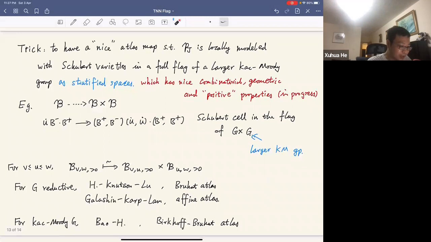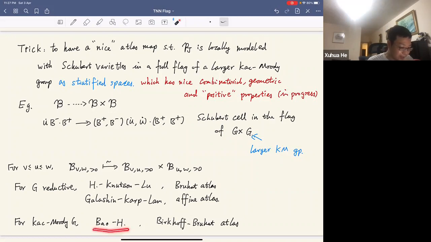Later, in the last year, Galashin, Kaplan Line and others defined a totally different one, which is called the affine atlas. We start with the reductive group, but the larger Kac-Moody group they use is the loop group, in other words, the affine type. For arbitrary Kac-Moody groups, we need something totally new.